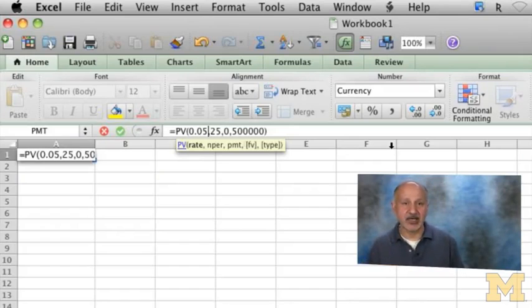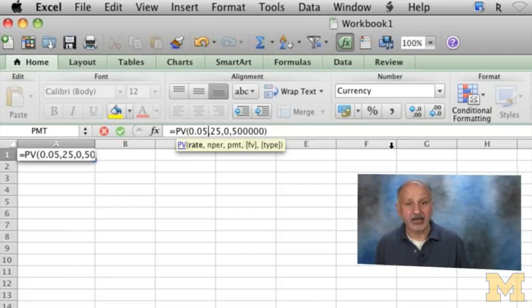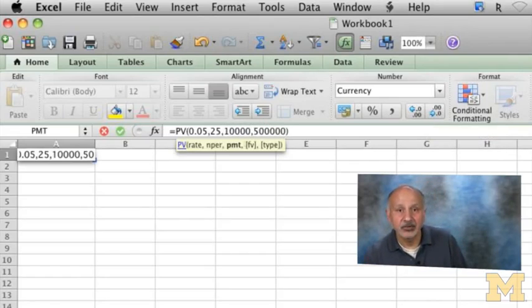How many years left? I believe in our problem that we were looking at, let me confirm what it is. We do have 25 years left, and so we are okay on that. What is the PMT? Well, I know my PMT. And I'm going to remove that last element because it's not needed.